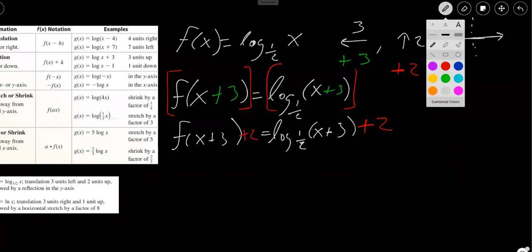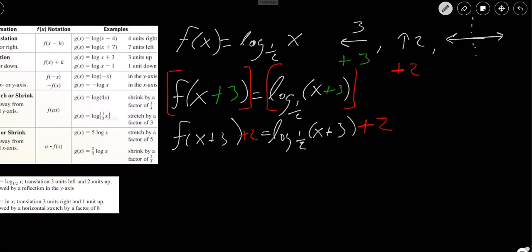Last thing I'm doing is a reflection horizontally over the y-axis. Remember, a horizontal reflection means I'm multiplying by -1 on the x value. So I can go ahead and find my x value. I'm going to multiply that x value by -1.